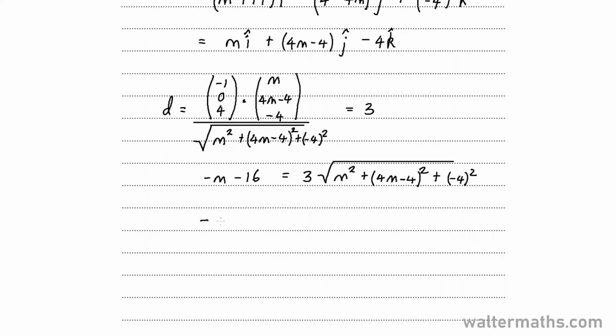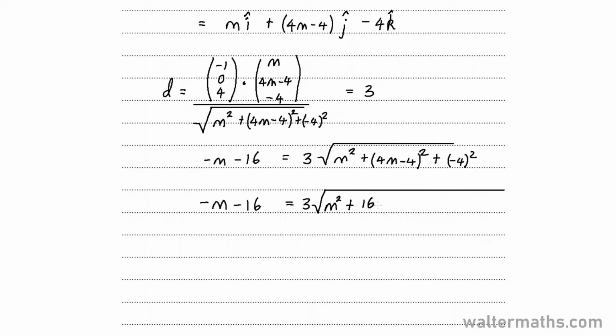So here we'll be having minus M minus 16 is equal to 3 times the square root of, and now we simplify this, so that will be M squared, and it's plus, expanding 4M minus 4 squared, that will be 16M squared, and it's minus 32M, and it's plus 16, and here minus 4 squared is 16.